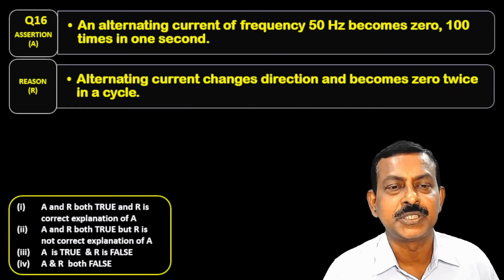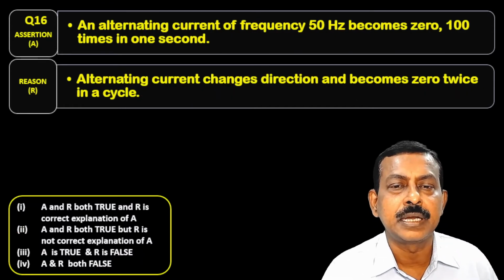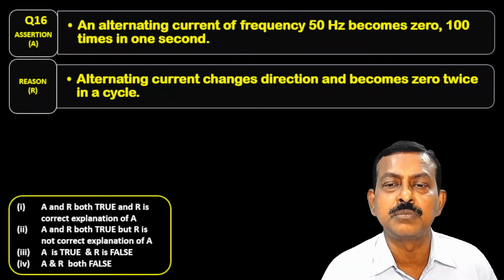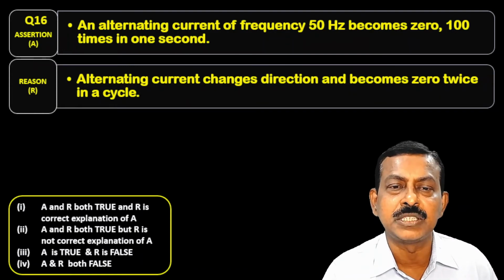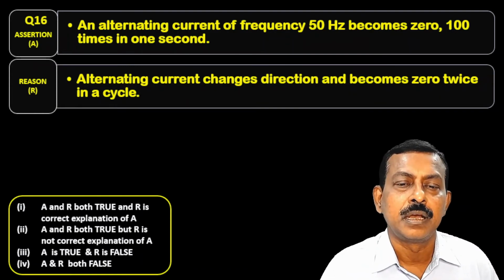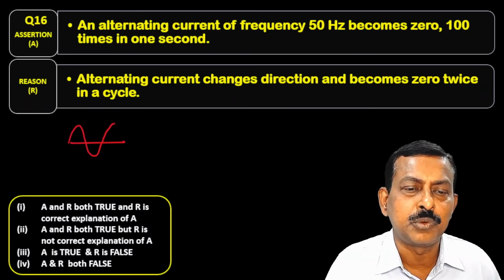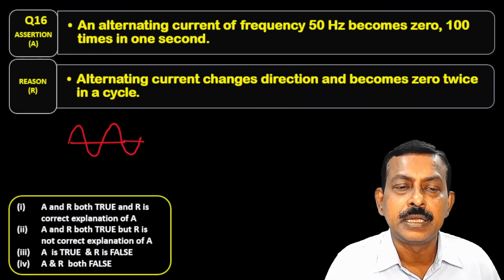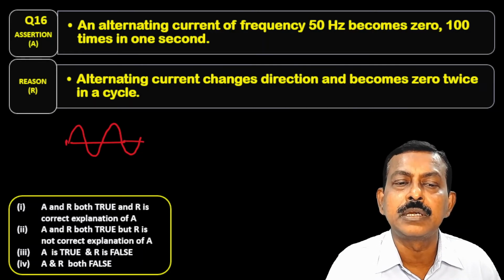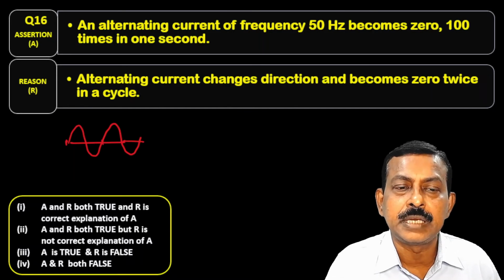Let's take the next question. An alternating current of frequency 50 Hz becomes 0 100 times in 1 second. If you take an AC, in one particular time period it has 0 value twice.